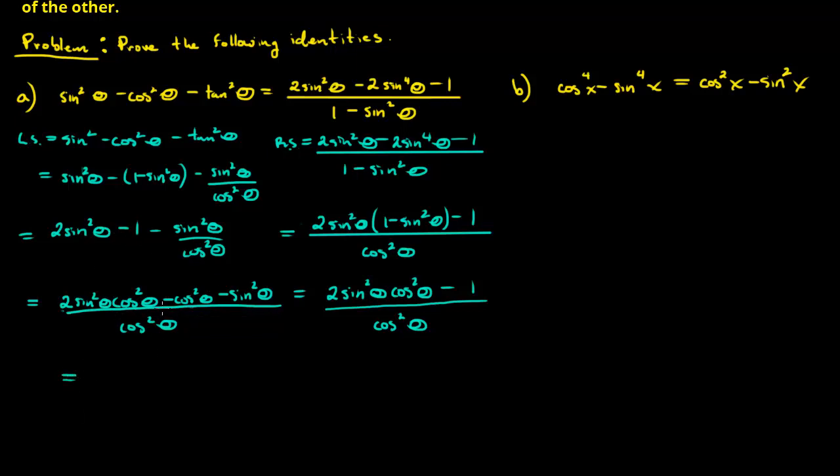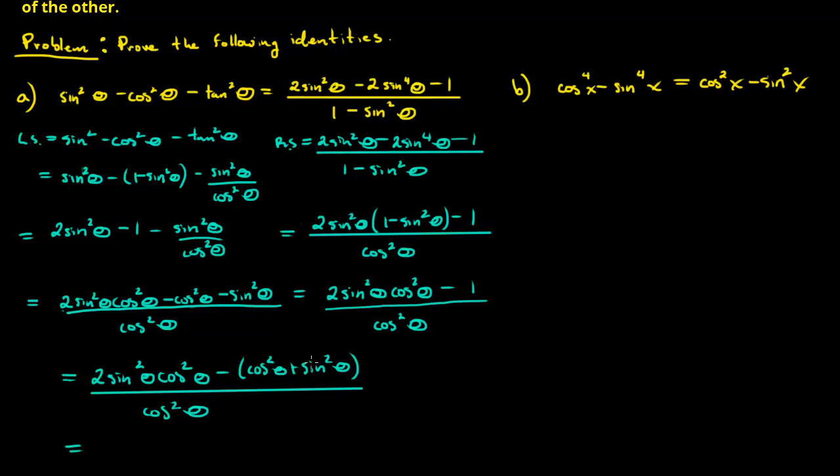So now, notice that minus cos squared theta minus sine squared theta, well, that's the same thing as minus... let's just rewrite this. We get 2 sine squared theta cos squared theta minus bracket cos squared theta plus sine squared theta, all divided by cos squared theta.